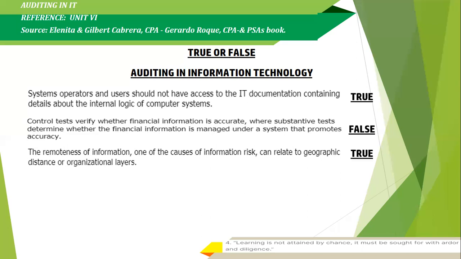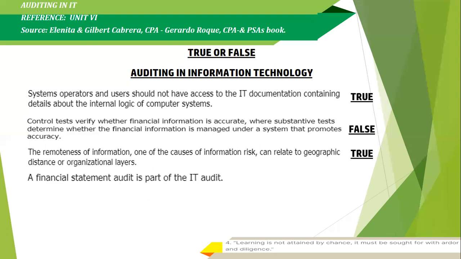Yes, that's true. We have remoteness of information. The causes are geographical dispersion, or far location, and organizational layers, the structure of the company. Many layers, many protocols when it is like that.